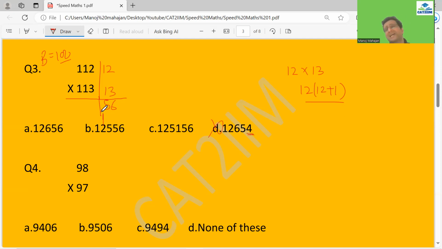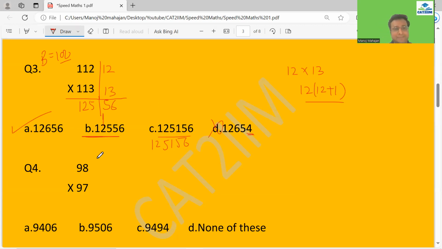Now the left hand side, either you add 112 plus 13 or maybe 113 plus 12. Let's do that, 125. Don't jump to mark this answer, it would actually be wrong. Or you also write like this 125, 156, that will also be wrong. So what you will be doing, 125 plus 1, that is 126. So this is the correct answer.